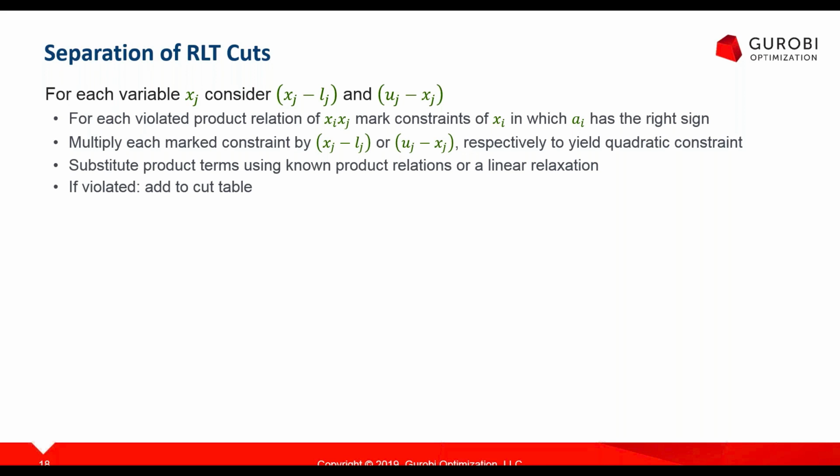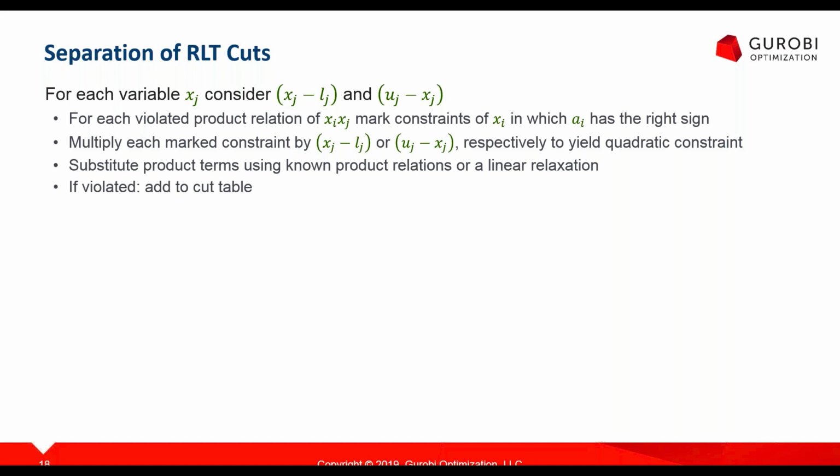So this could potentially lead to a violated RLT cut. The problem is, we also need to look at the sign of the coefficient ai, because the violation of our product relation is in one direction, and it only makes sense if this violation and the sense of the product relation correspond to the sign of ai, so that this matches.